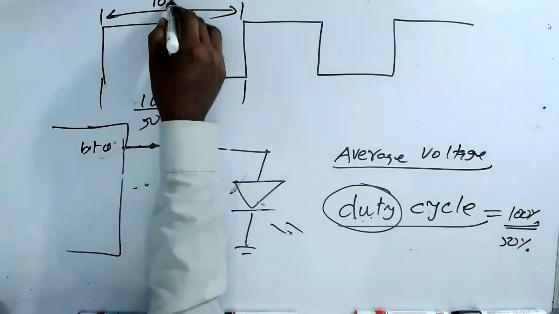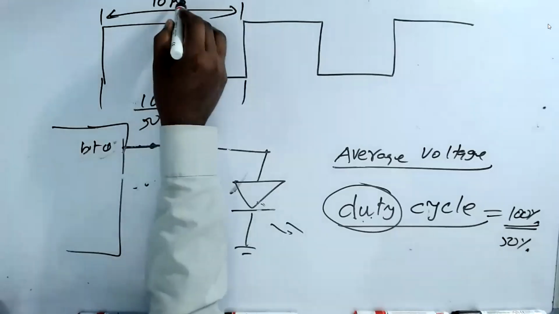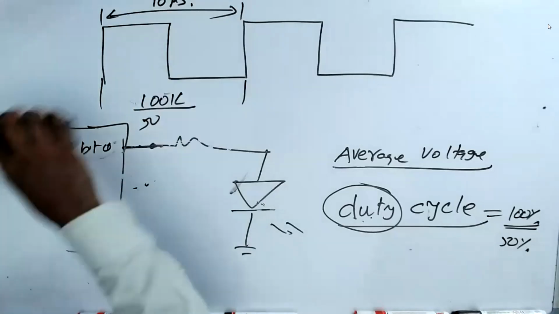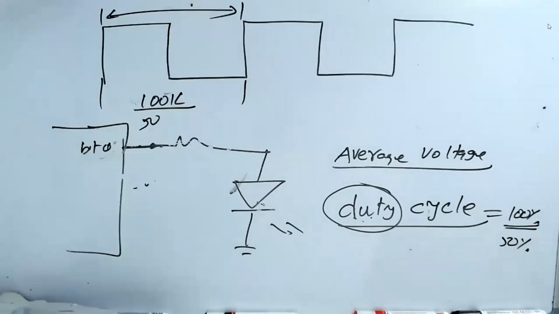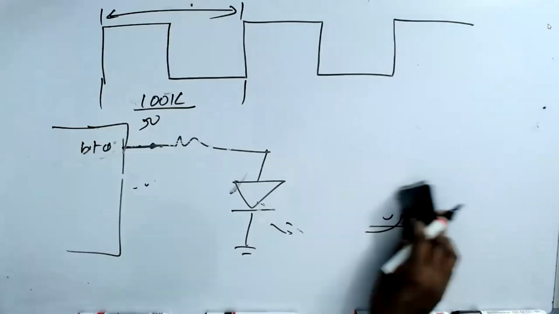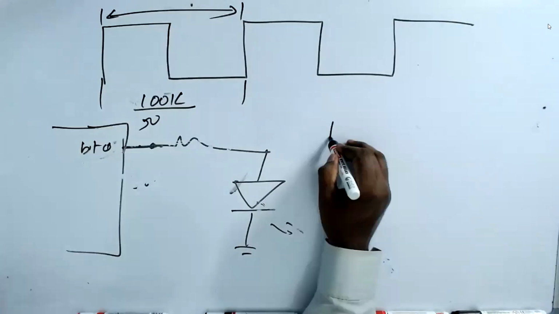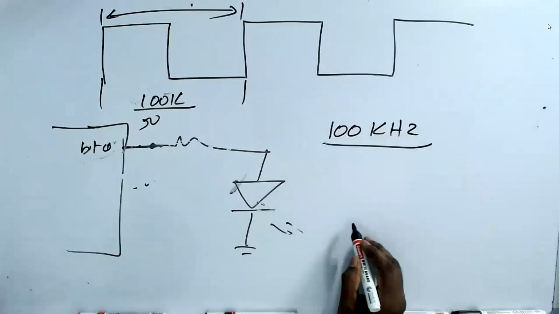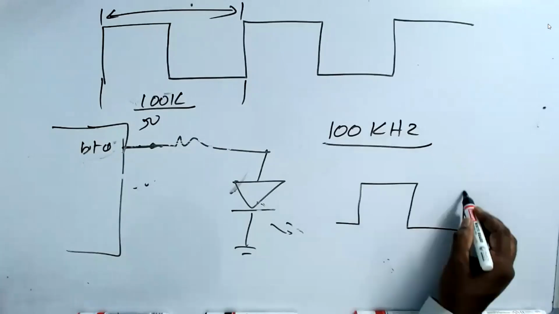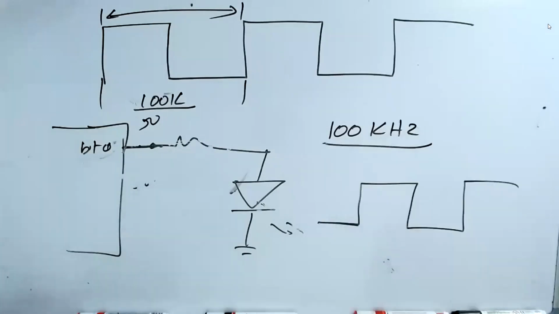Can you tell me how I got 10 microseconds? You have to be very fast. When I say 100 kilohertz, if I ask you what the period is, you should come out with the answer: oh, the period is 10 microseconds. How?